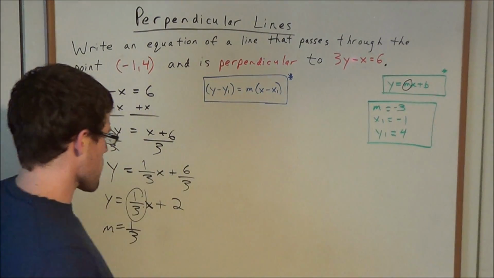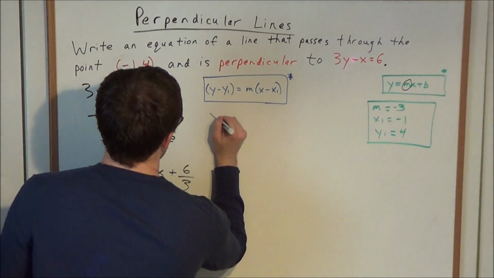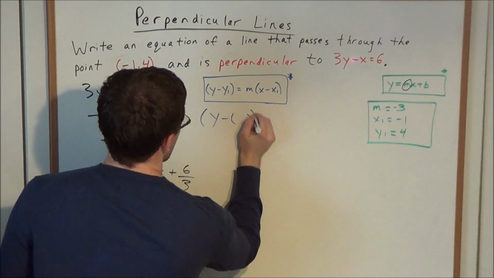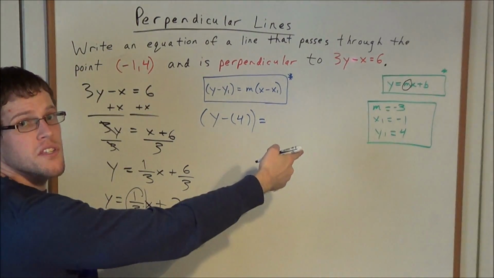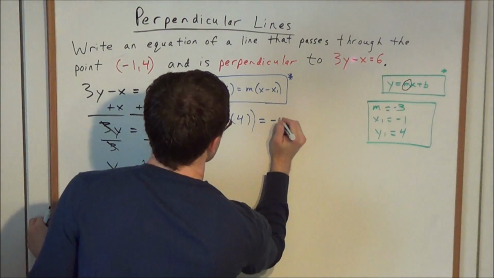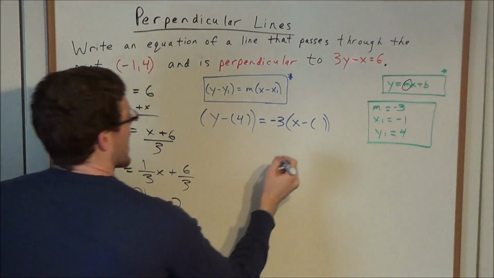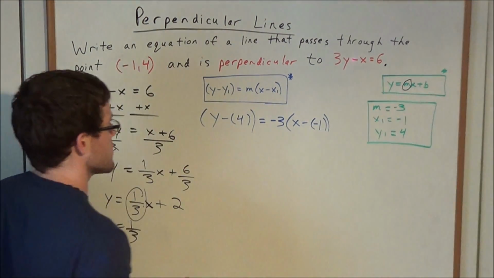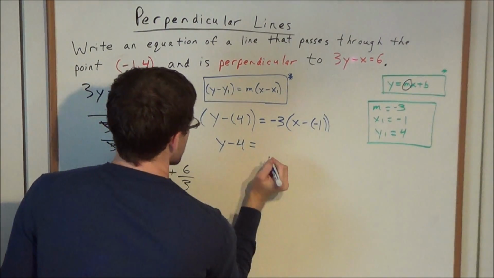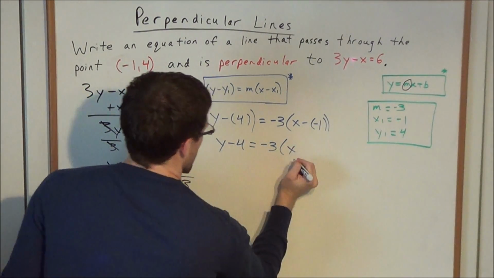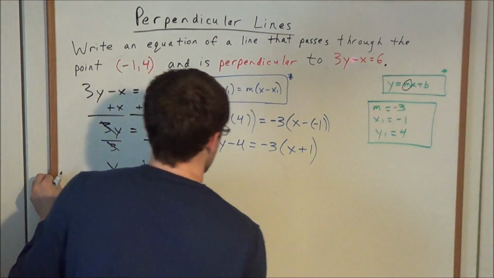So we have y minus, instead of y1, we're plugging in 4, equal to m, which is -3, times x minus x1, and x1 is equal to -1. Now we need to simplify this. We have y minus 4 is equal to -3 times x minus a -1, which turns this into x plus 1.